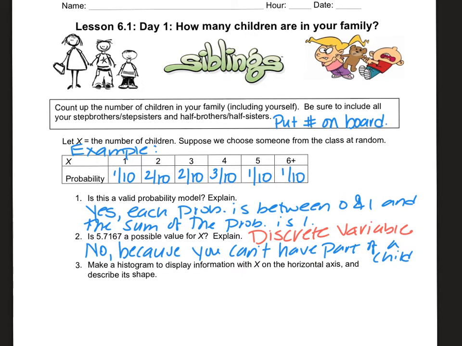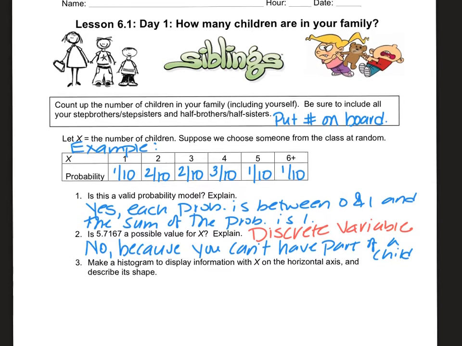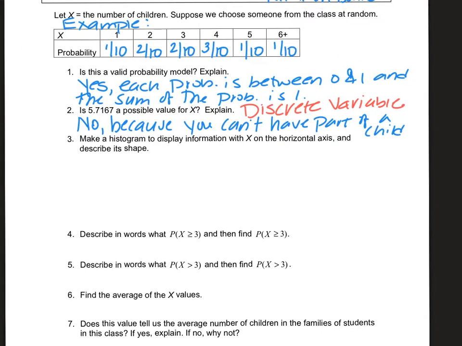Okay? Now, question 3 asks us to make a histogram to display the information with X on the horizontal axis and describe the shape. So, in this case, X is the number of children in the family. So, when I make my graph, these values here at the bottom are going to be the number of children.